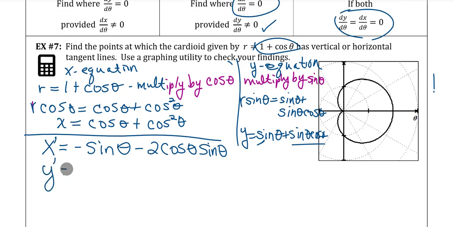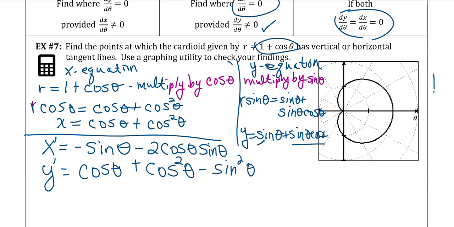Y prime is going to be cosine theta plus cosine squared theta minus sine squared theta. Because I first took the derivative of cosine, I'm doing product rule here, so I get a cosine squared, and then when I take the derivative of cosine, I'll get the minus sine, so I have minus sine squared.